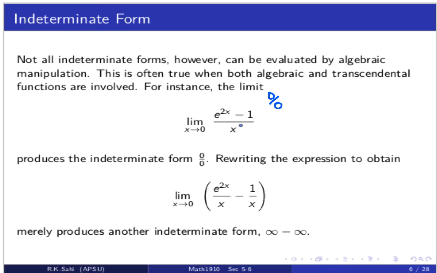Let's rewrite this expression. I can pull the x apart in both the terms on the top. We get e to the power 2x over x minus 1 over x. So it just produces another form: 1 over 0 minus 1 over 0, which is infinity minus infinity. Still not getting us an answer. But let's see if we have some other techniques by which we can do so.